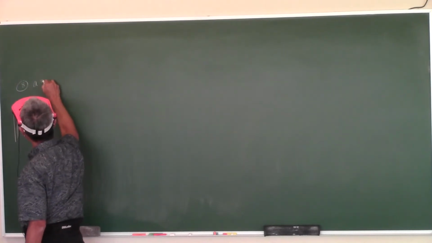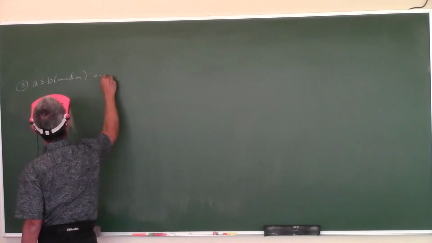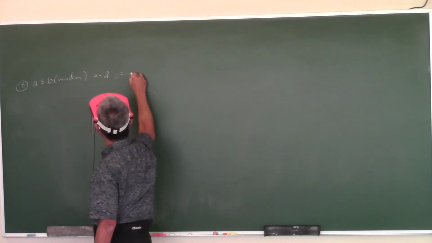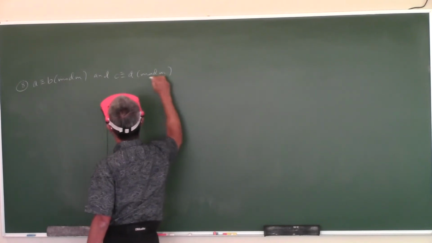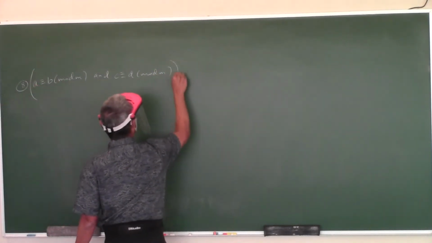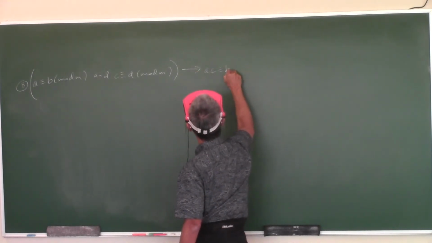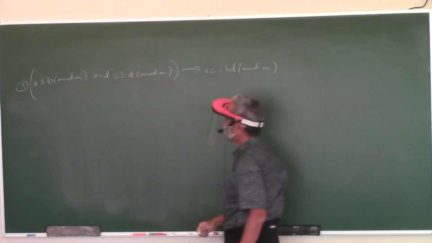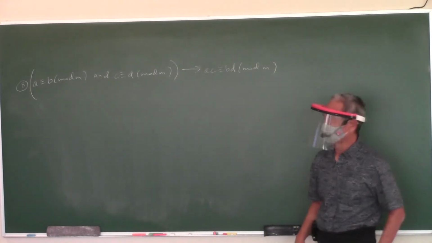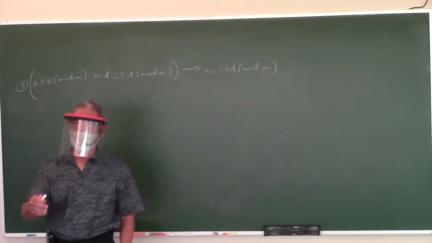If A is congruent to B modulo M, and C is congruent to D modulo M, then A times C is congruent to B times D modulo M. Okay, this is what we need to prove. And then we're going to actually use it to solve a problem, which will be on the test.